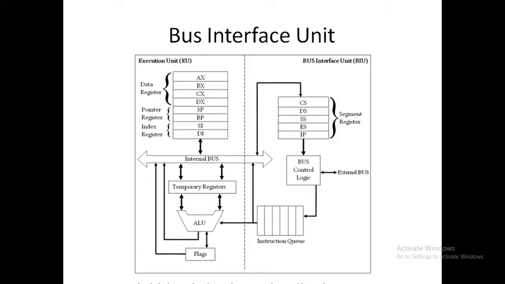The instruction bytes are transferred to the instruction queue. So this is what the BIU performs, and the EU executes instructions from the instruction byte queue.